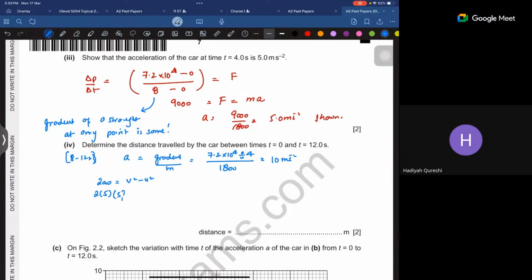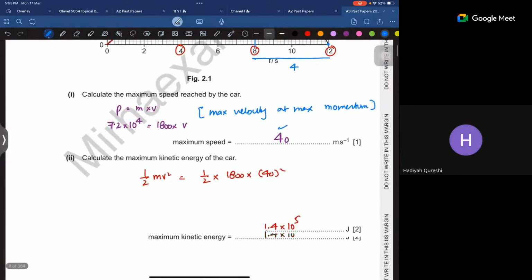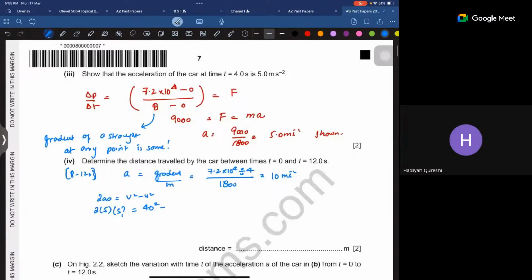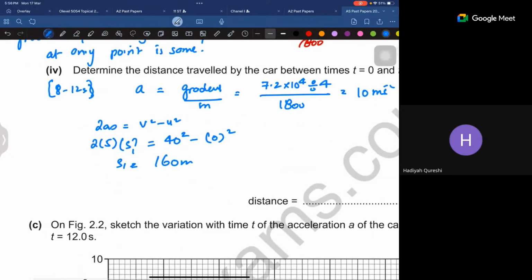This is for the first part. Equals final velocity was 40, 40 squared minus initial velocity 0 squared, right? So S1, the displacement, should be 40 squared divided by 5 divided by 2, and that's going to be 160 meters. And I think there will be some easier methods as well.